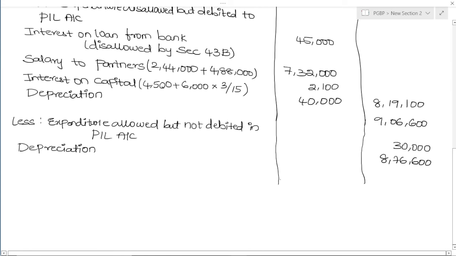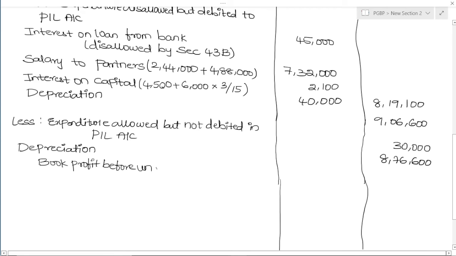Now we can use the words book profit before unabsorbed depreciation. So 8 lakh 76,600 means what? Book profit before unabsorbed depreciation. So still we did not get the total book profit.